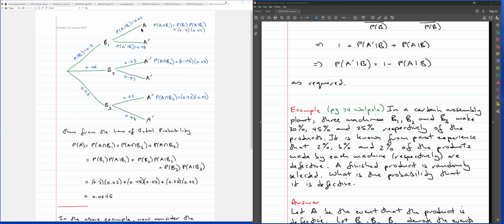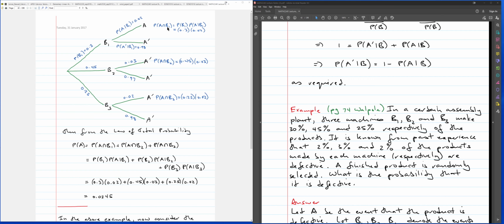If you got to this point, it means that it's defective and made by machine B1. The probability to get to this point is the probability of A intersect B1.